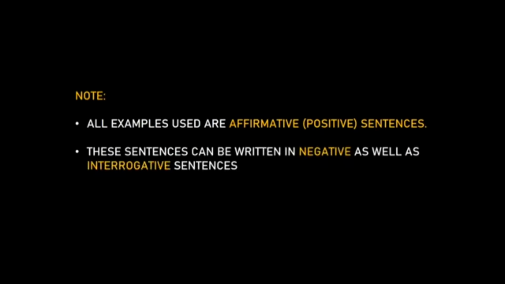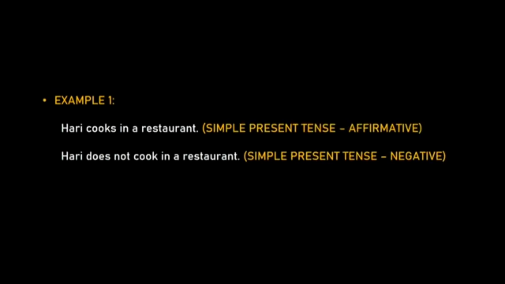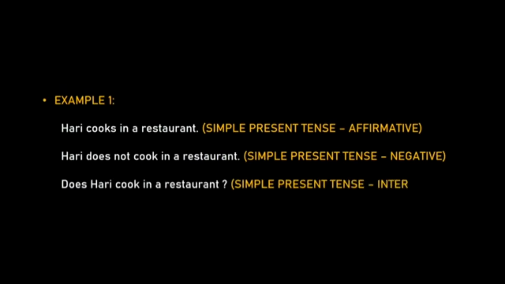Like, for example, Hari cooks in a restaurant. So it can be written in this way. Hari does not cook in a restaurant. This is a negative sentence. It can be written in this way also. Does Hari cook in a restaurant?